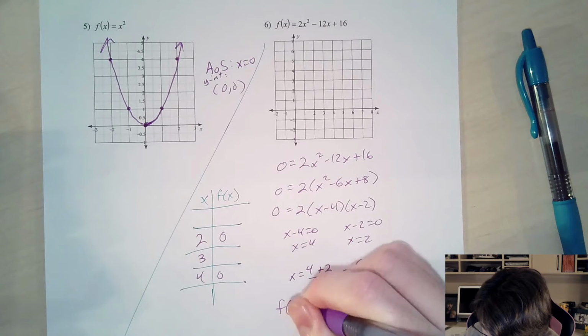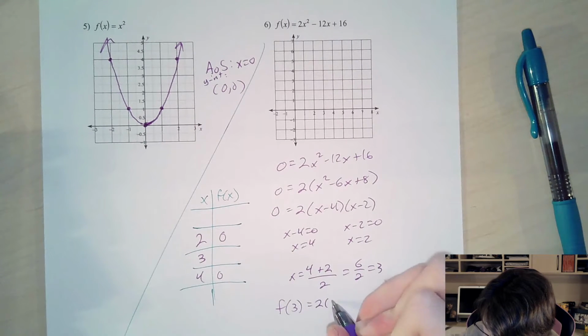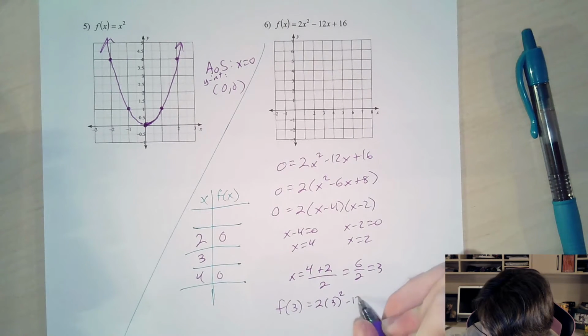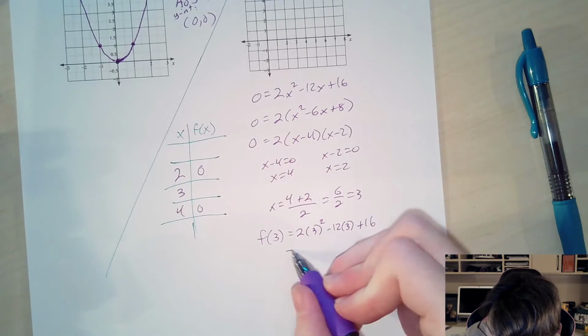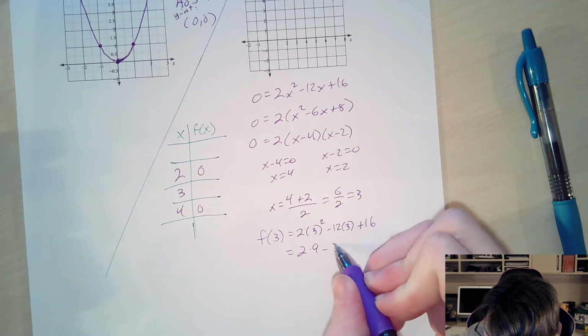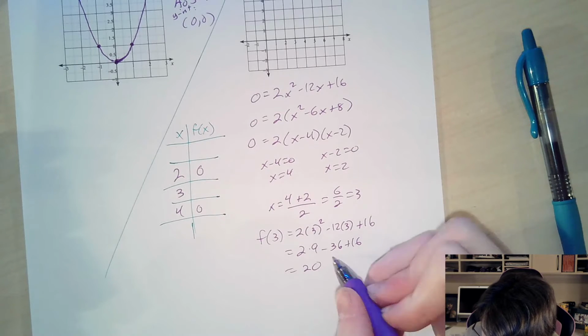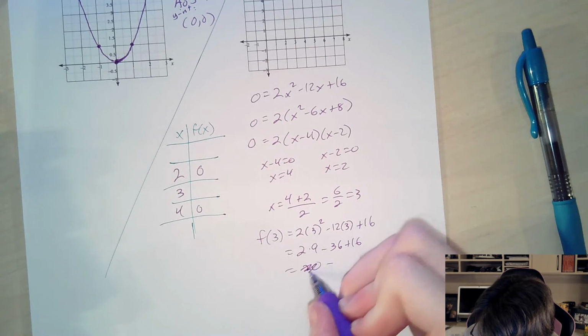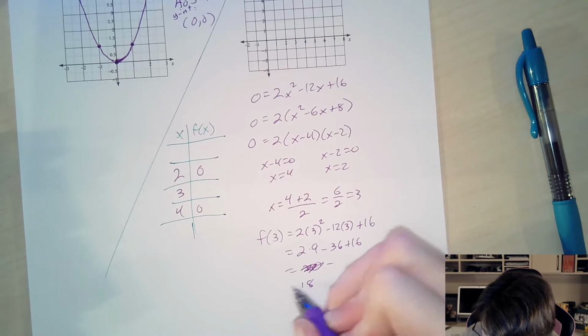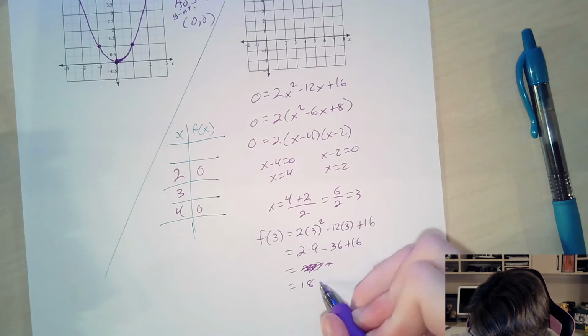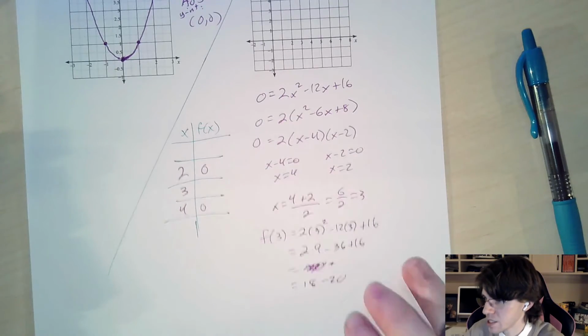So we're going to go f of 3 is equal to 2 multiplied by 3 squared minus 12 times 3 plus 16. Doing the work, 2 times 9 minus 36 plus 16. That's going to be 20 minus 20. Wait, 18 minus 20. I was getting ahead of myself, because -36 plus 16 is -20.